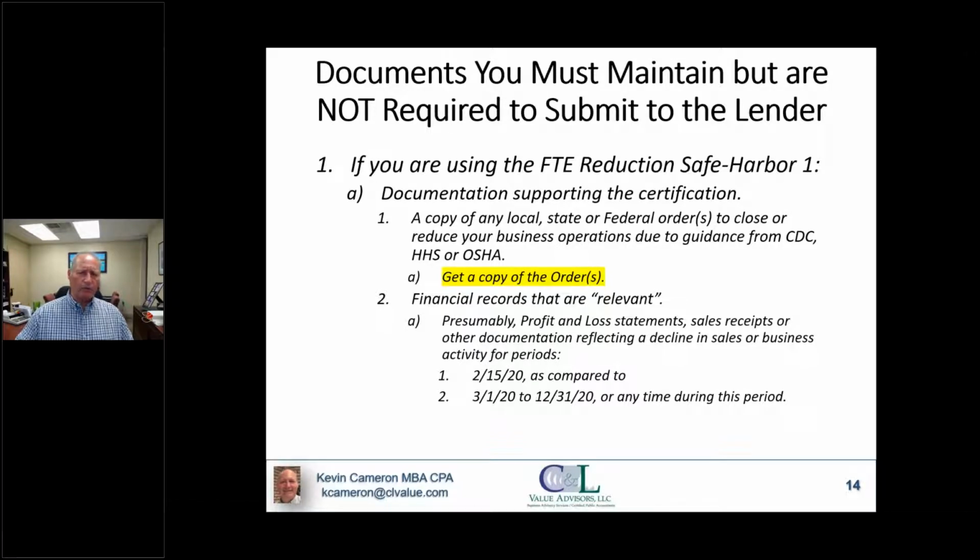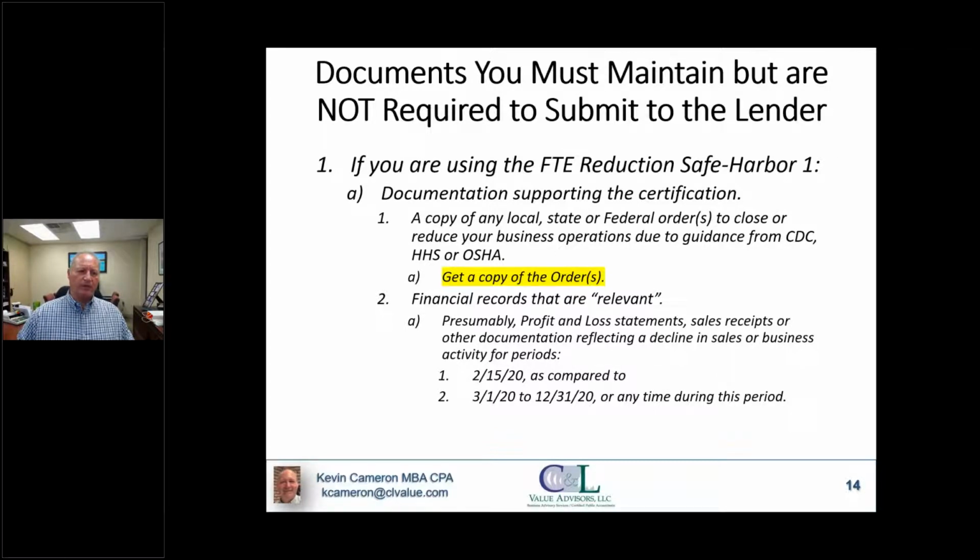Get a copy of the order. You might have more than one order. I spoke to people in California who have been closed down again recently, so they have multiple orders that they can reference.